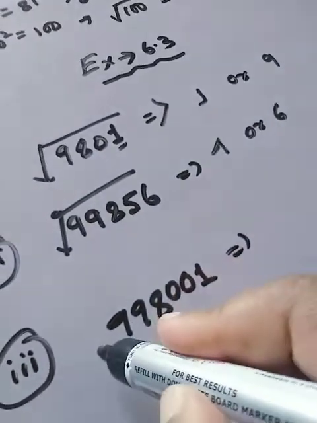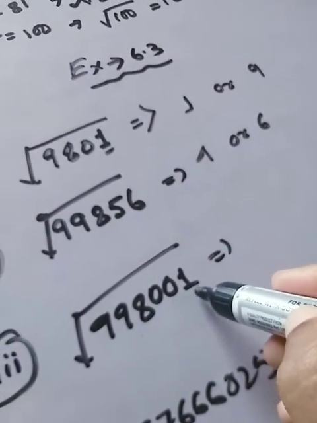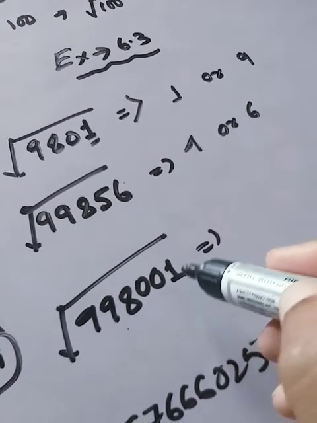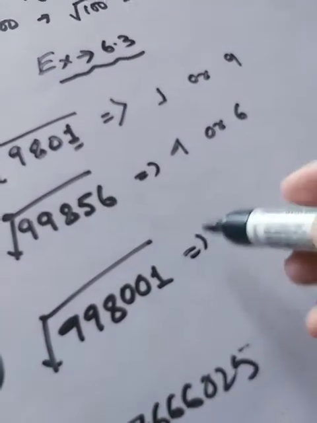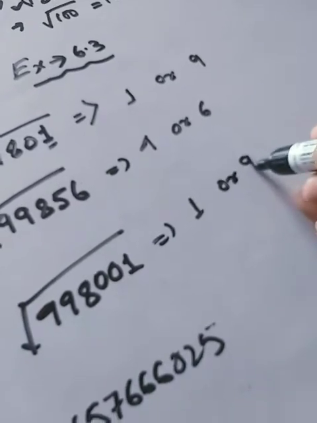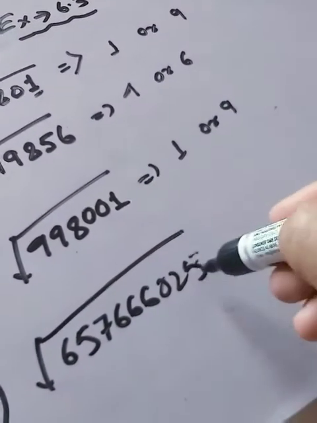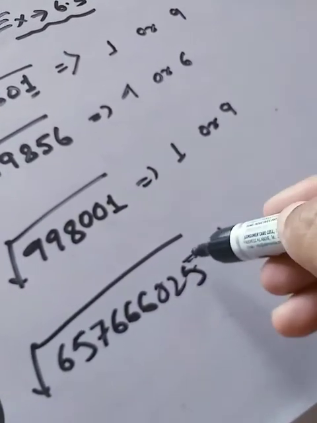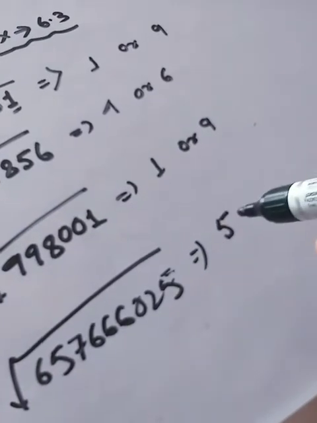Again, this number is carrying 1 as a unit digit, so its square root will end with either 1 or 9. And the final number has unit digit 5, so we said that its square root will end with 5 as a unit digit.